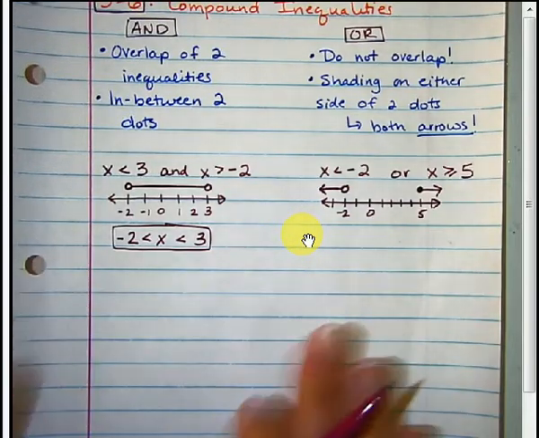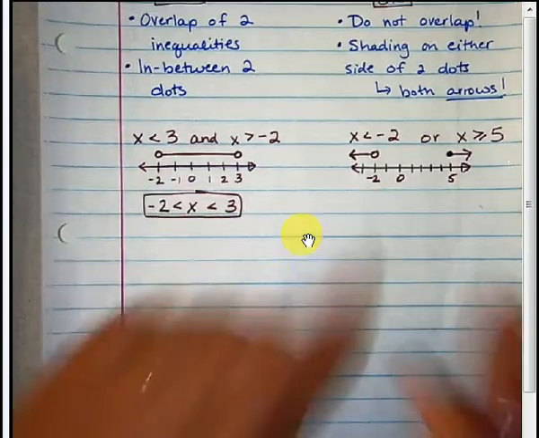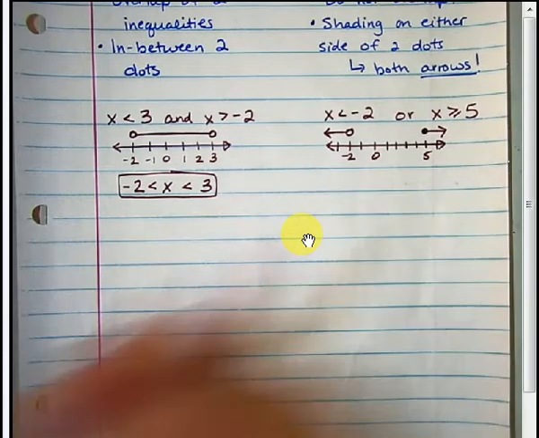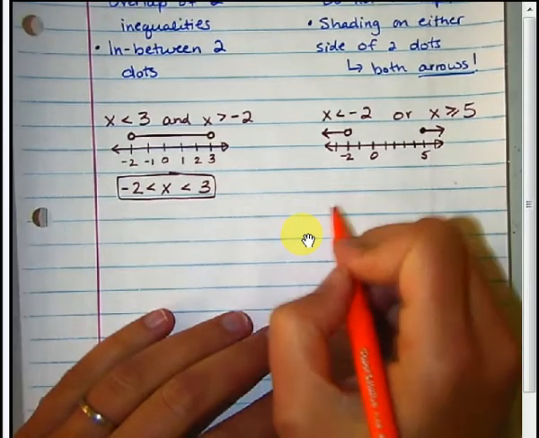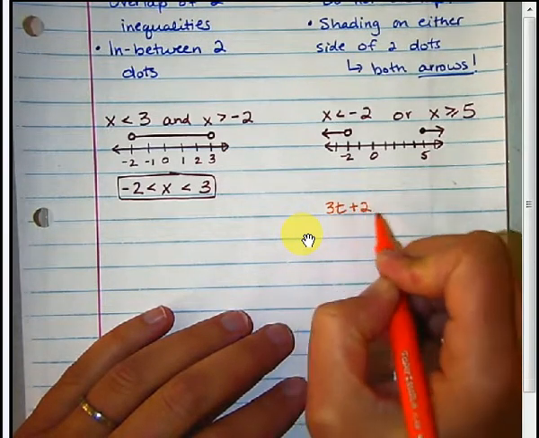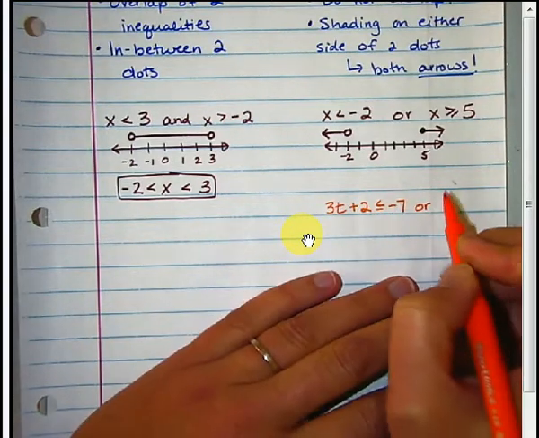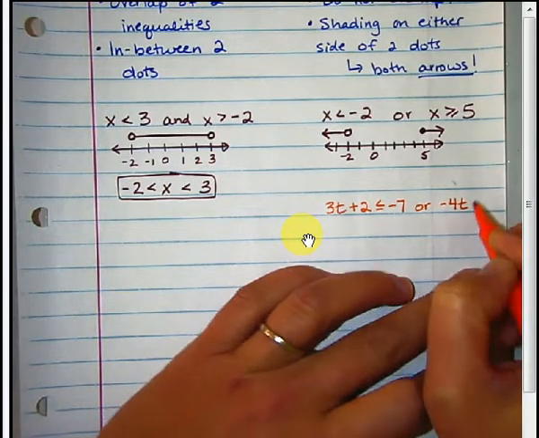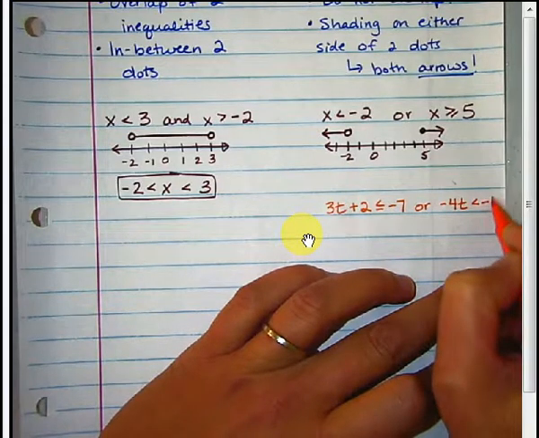Now for both of these, you can solve these things. The "or" ones are pretty simple, so I'm going to start with one of those. Let's say that I've got 3t + 2 is less than or equal to -7, or -4t is less than -4.